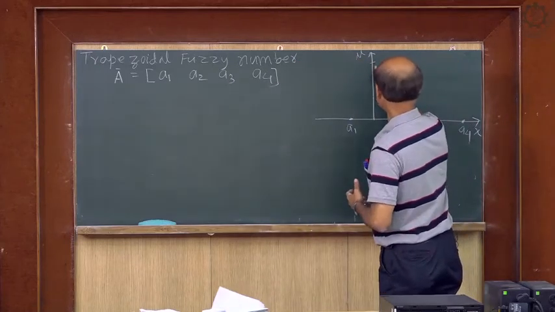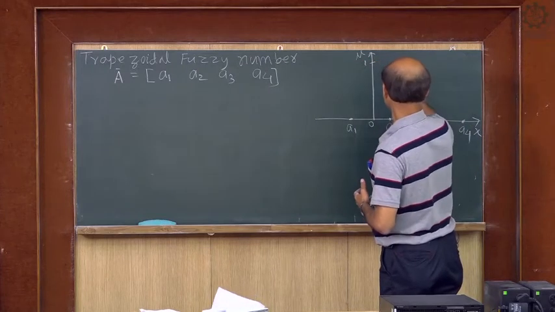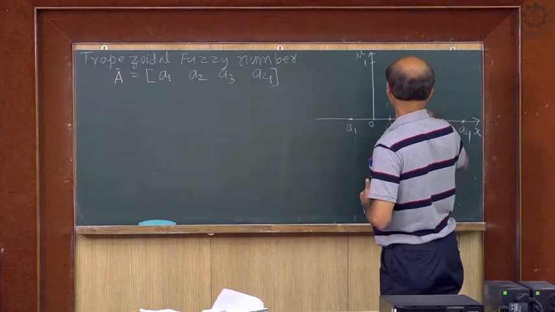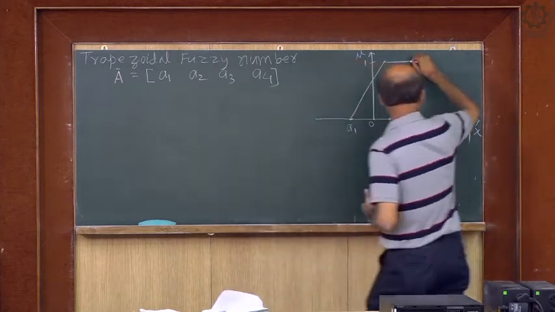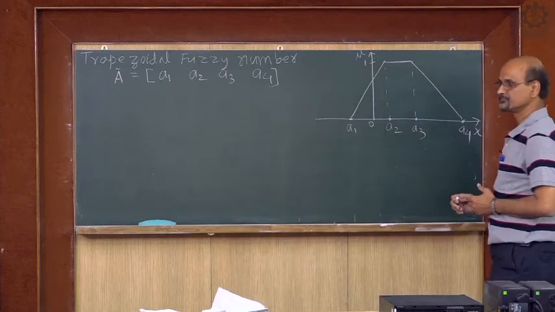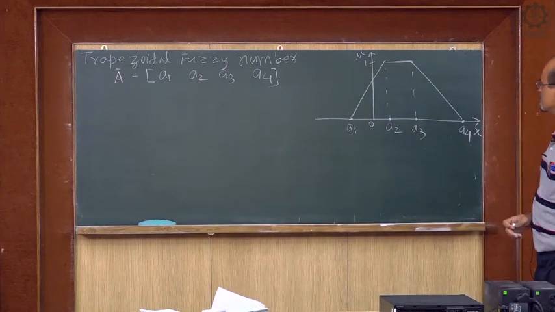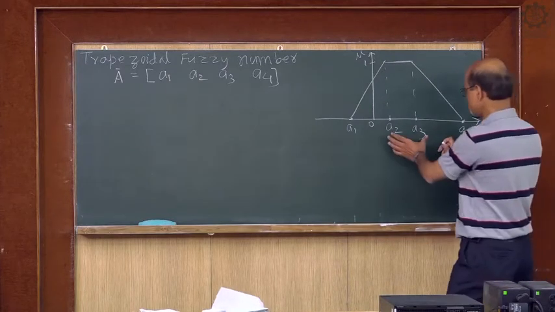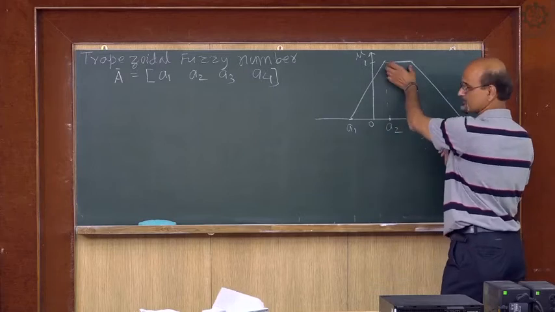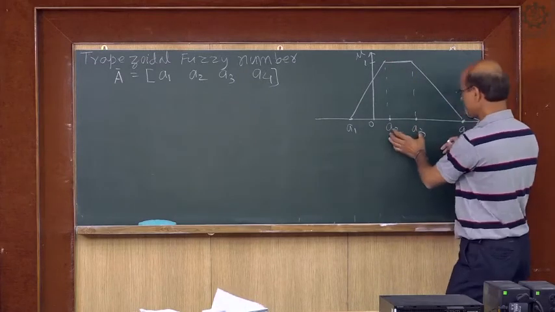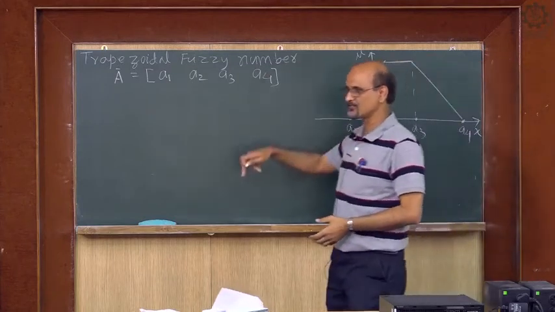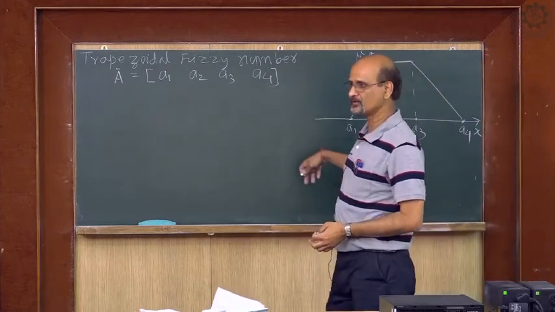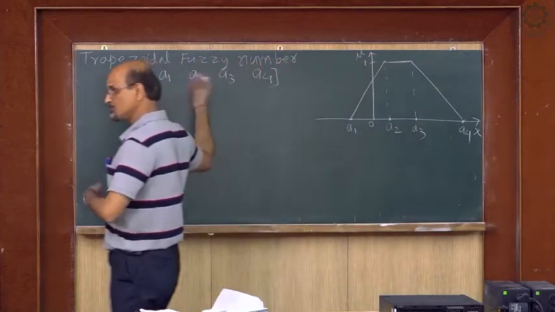If this is 0, this is 1, and this is your A1, this is your A4. That means from A2 to A3 you have mu values as 1, and if A2 equal to A3, then trapezoidal fuzzy number will convert to triangular fuzzy number.